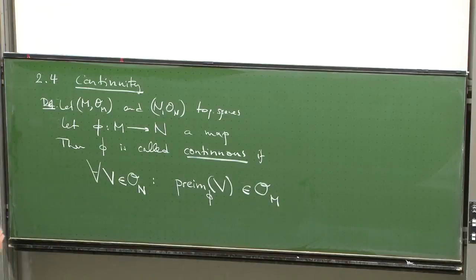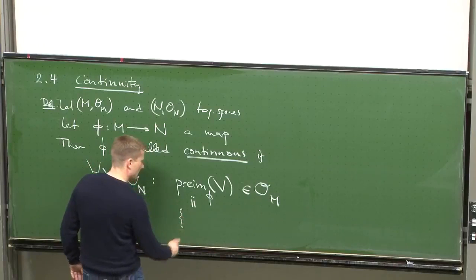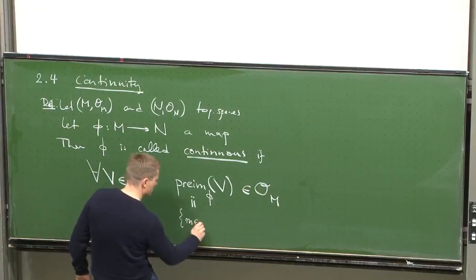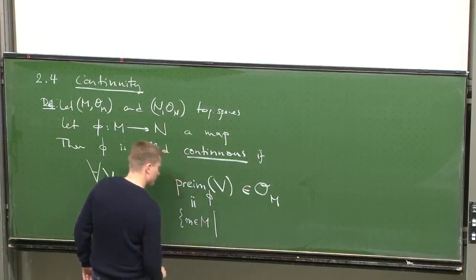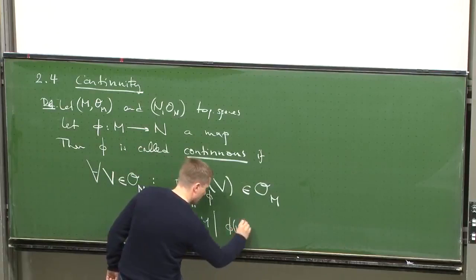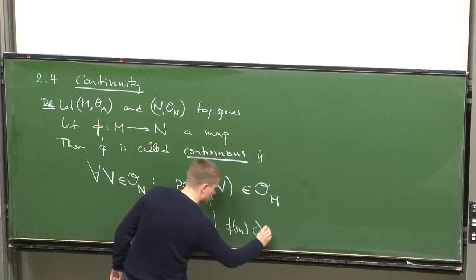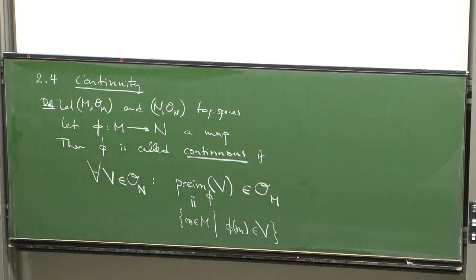It's extremely simple. Maybe I remind you of the definition of the pre-image. The pre-image were all those points m in capital M for which phi of m was an element of the specified set V in the target. That was the pre-image.